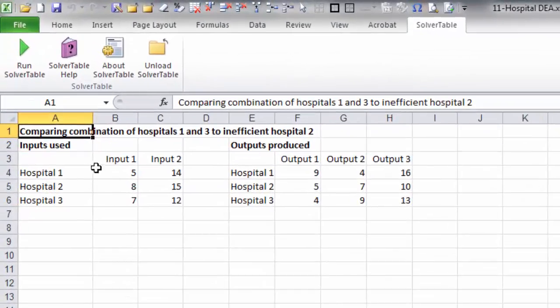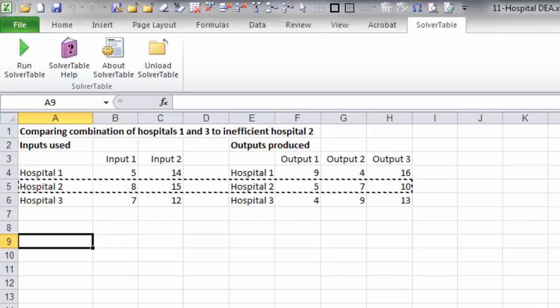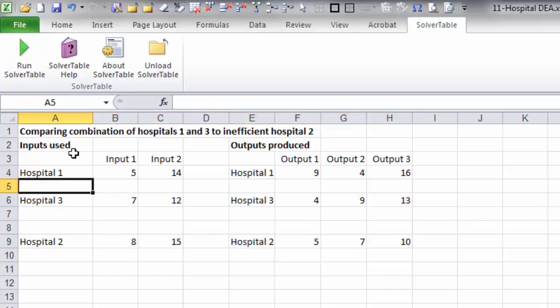So here is the input and output valuation, the inputs used and outputs used, the given information. Now if we take the second hospital out of the picture, okay, so let's move it down to here. Okay, so let's get rid of this row.